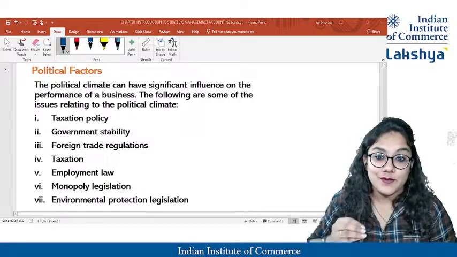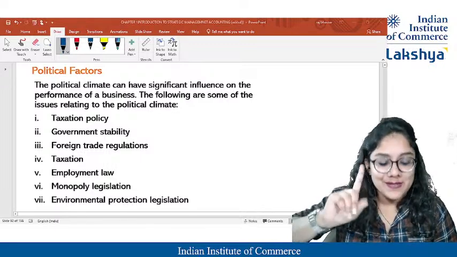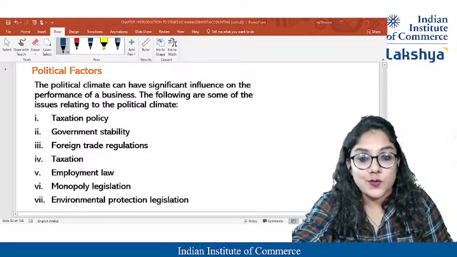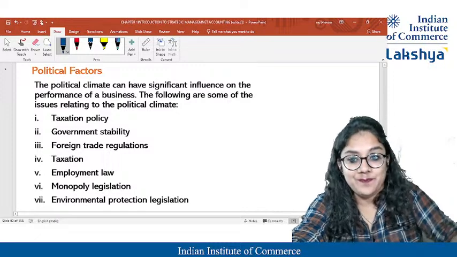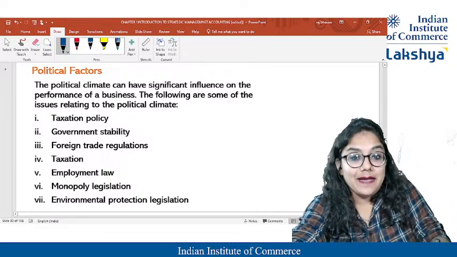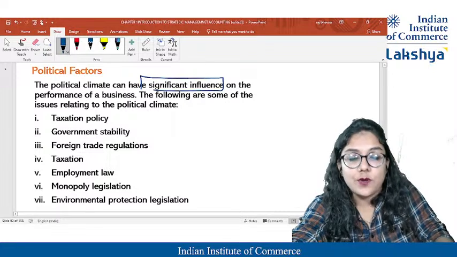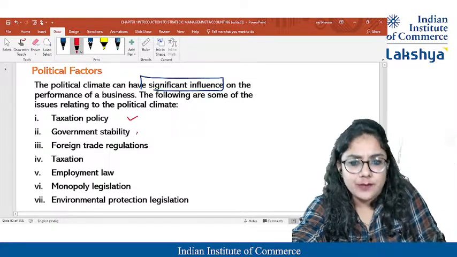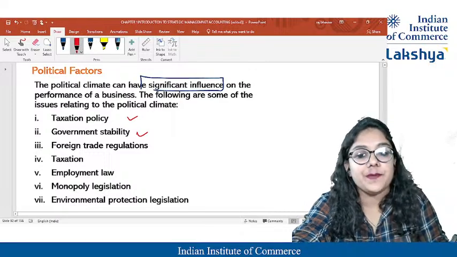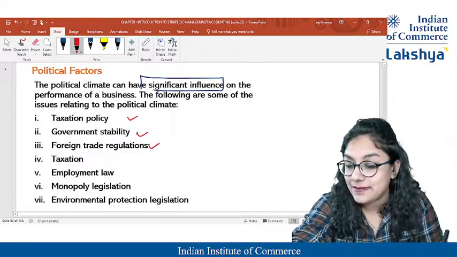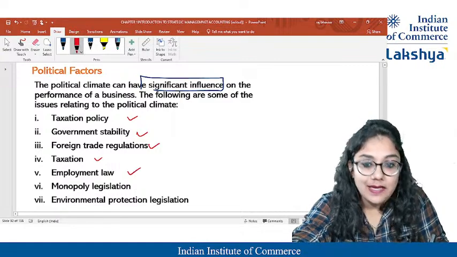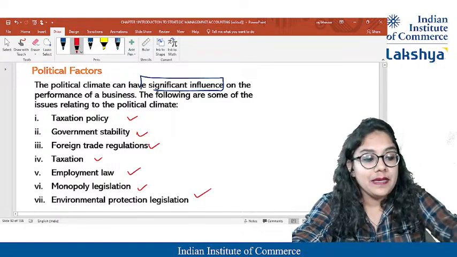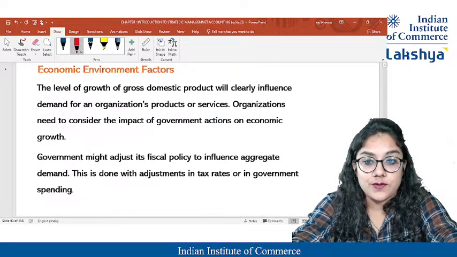So we have to consider all those things. The political climate can have a significant influence on the performance of the business, for example taxation policies, stability of the government, foreign trade regulations, employment laws, monopoly laws, and environmental protection laws.